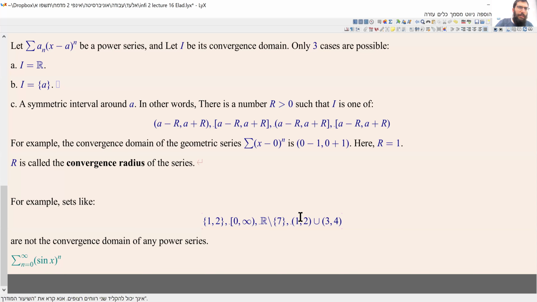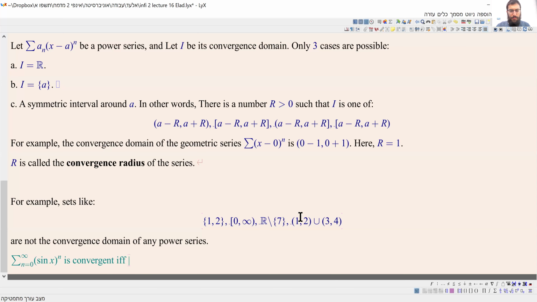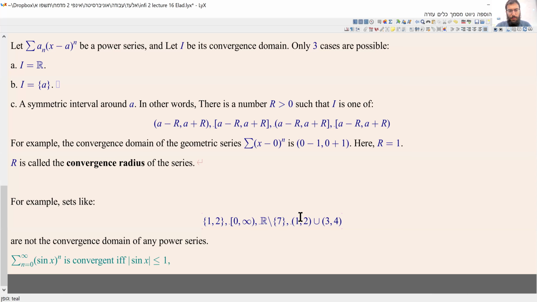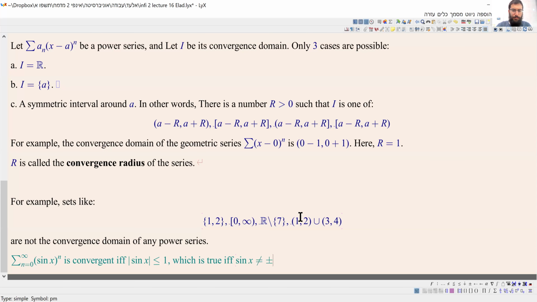We know it's actually a geometric one, but it's not x, it's sin x. It is convergent if and only if the absolute value of sin x is less than or equal to 1, which is true if and only if sin x is not 1 or minus 1.